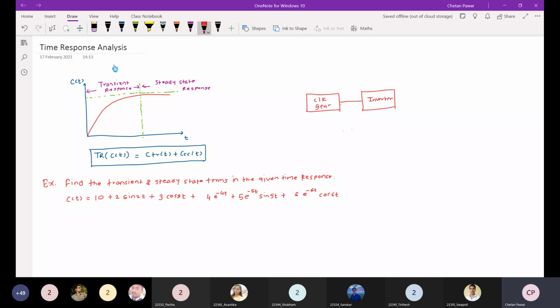Ideally you may have seen the clock pulse. This clock generator gives the clock pulse to this inverter as an input, and you observe the inverter output.